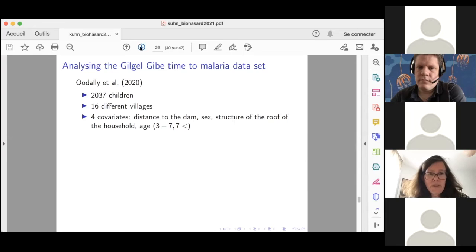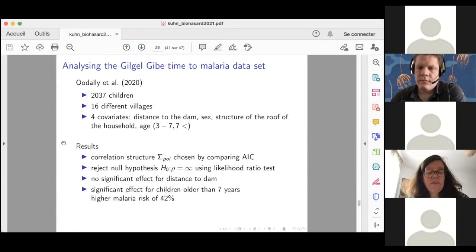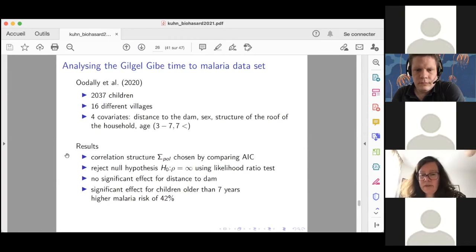So the result we obtained with the spatially correlated frailty model: we first choose the correlation structure between polynomial and exponential. We select the polynomial structure just by comparing AIC criteria. We also test the presence of correlation, so we test the null hypothesis rho equal to infinity using a likelihood ratio test.